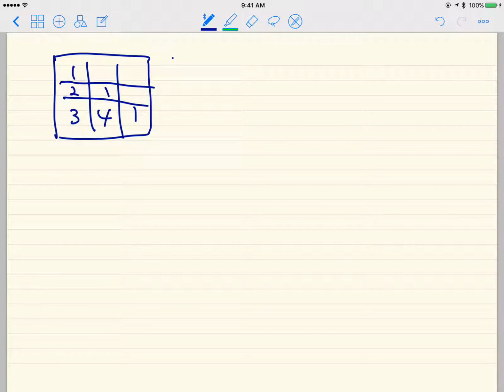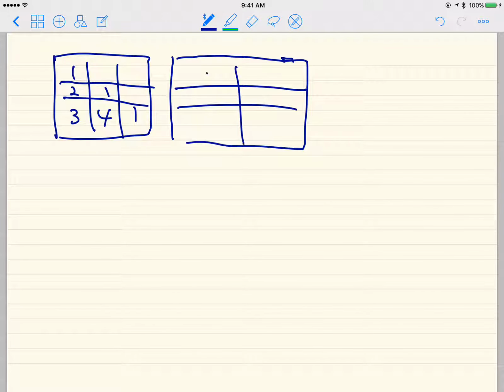So this is your L. And then U can be in the form of this: 3, 0, 3, 4, 1, all zeros, and 2, minus 1, 2, minus 1, 1.